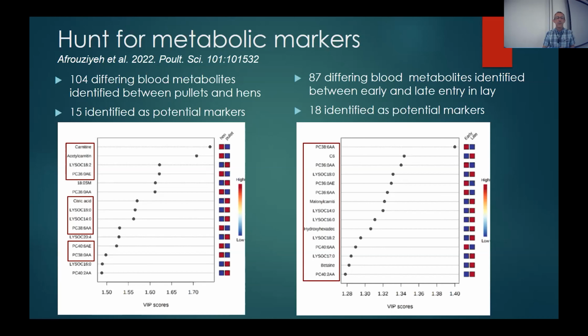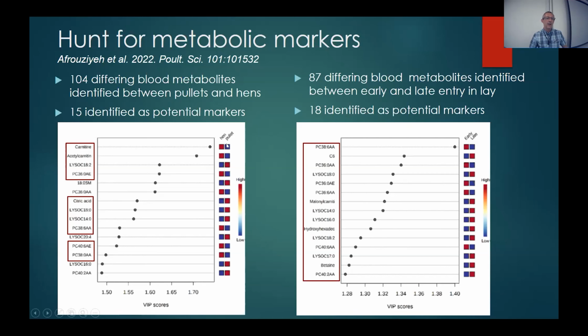In that really recent study from Mohammed, they looked at blood metabolites in plasma. They compared hens at the pullet stage versus hens in lay, and they also compared broiler breeder hens that entered lay early versus broiler breeder hens that entered lay later.